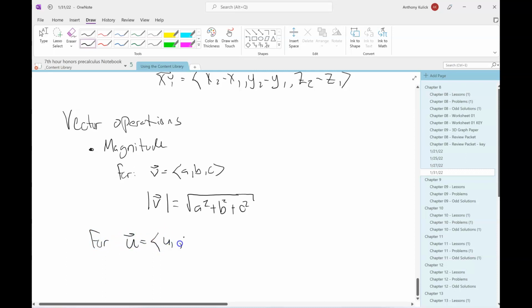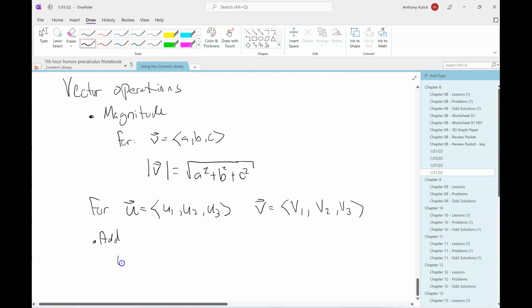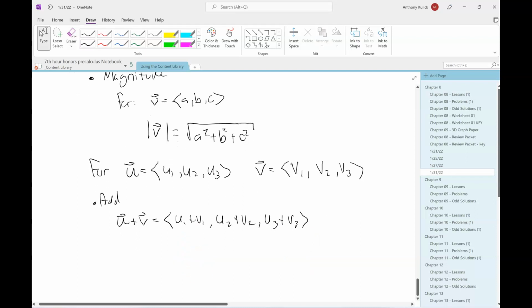So let's just say from here on, we have the component form vectors u and v. If I wanted to add the two vectors, guess what we do? We add them the same way we did before, just adding the components together, just instead of having two components to add, now we have three components to add.